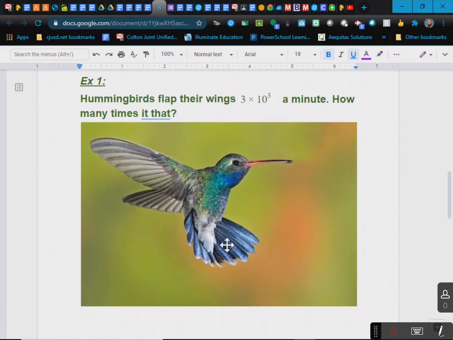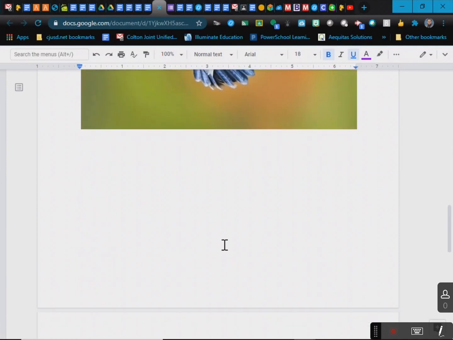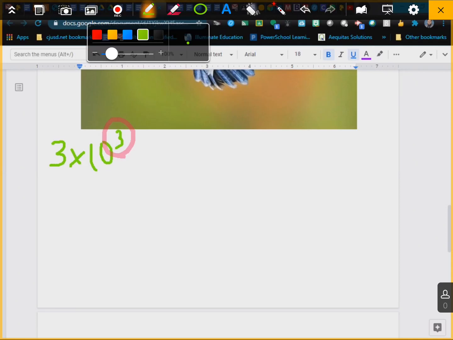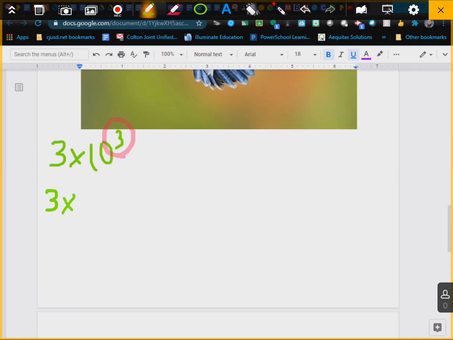So the first one is hummingbirds. Hummingbirds flap their wings 3 times 10 to the third power a minute. How many times is that? So let's go ahead and write the problem down here. 3 times 10 to the third power. Well, how many tens is that? I see here that the exponent tells me there's 3 tens. So it's the same as 3 times 10 times 10 times 10.